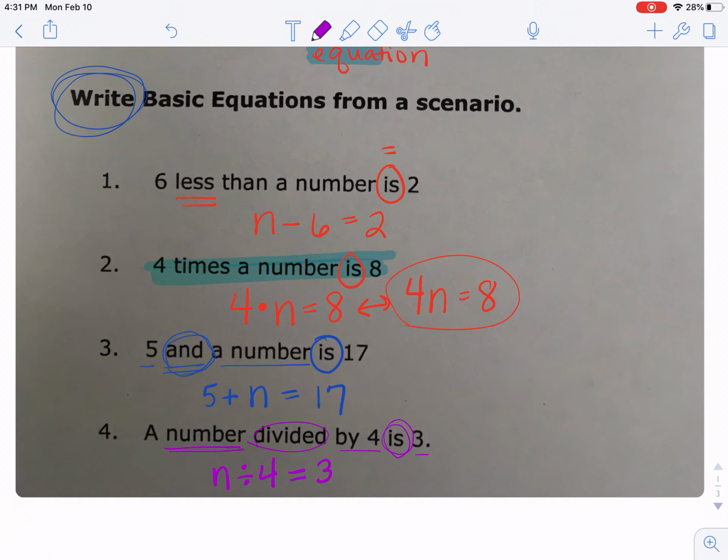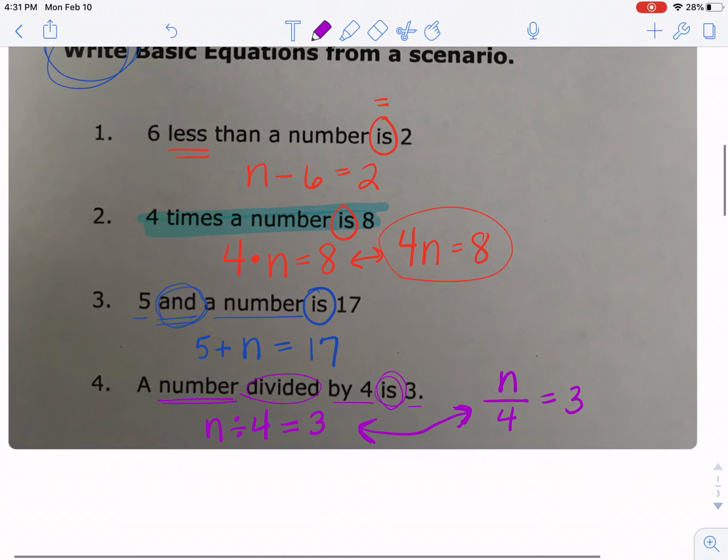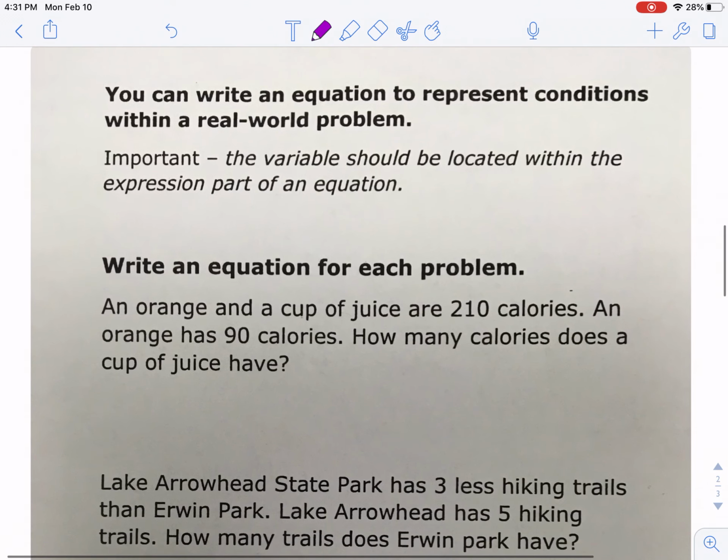And again, you can write this in a fancier algebra way and write n divided by 4 is 3. These two things are saying the exact same thing. The one on the right is just a little fancier. We like to be fancy in algebra. All right, so let's move on to the next slide.